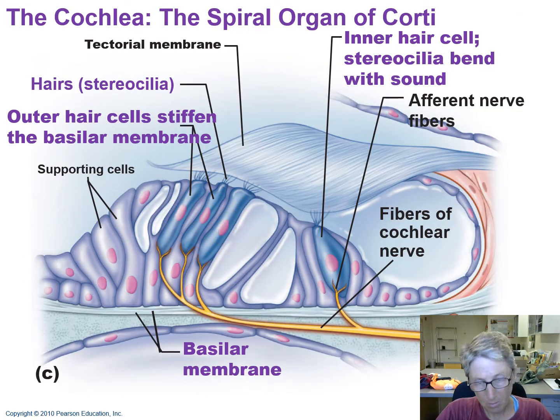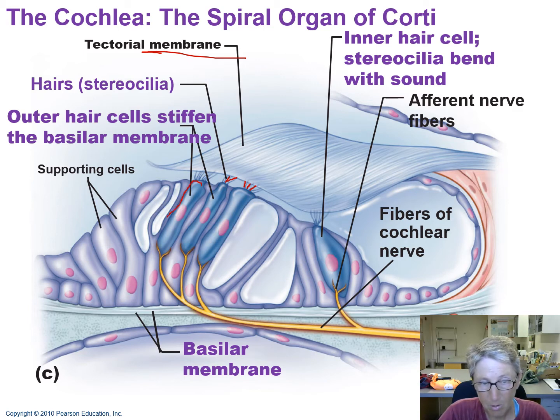Okay, this is a bigger cartoon of the spiral organ of Corti. Again, here's the tectorial membrane up top, and you can see that the tectorial membrane is being pushed on by these little hair-like projections called stereocilia. These stereocilia are part of these outer hair cells.